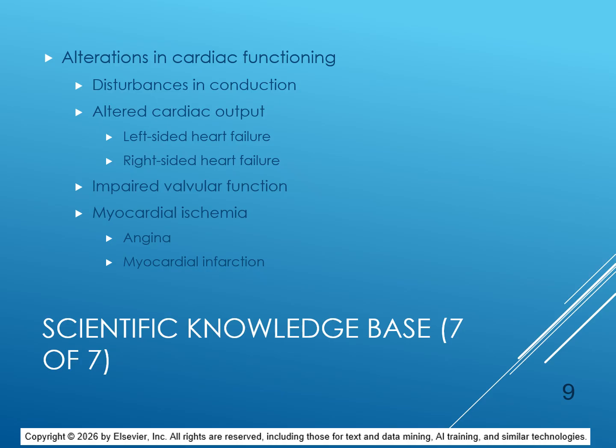So in altered cardiac output, we can look at left-sided heart failure and right-sided heart failure, and you need to know the difference. Let's remember that the left side of the heart is where the blood is pumped through the aorta, right? So if we have left-sided heart failure, where has the blood come from?